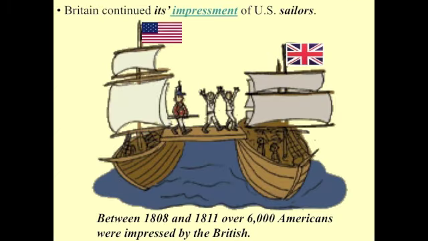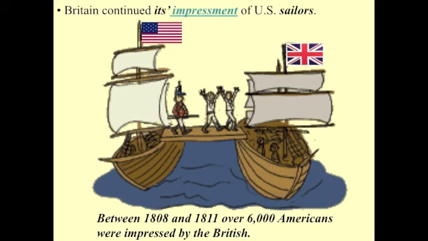In June of 1812, President Madison sent a message urging Congress to declare war against the British. Madison argued that the British had not only encouraged Native Americans to attack settlers, but had also interfered with U.S. shipping. Now, for years, the American government had tried without success to stop the British practice of impressment.